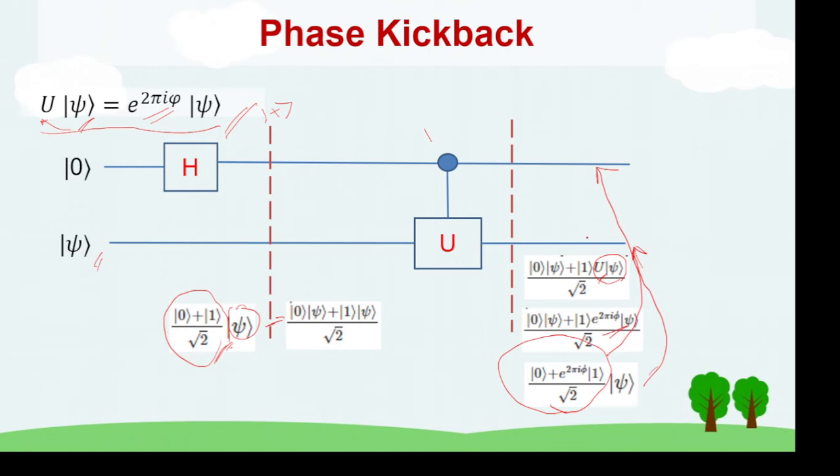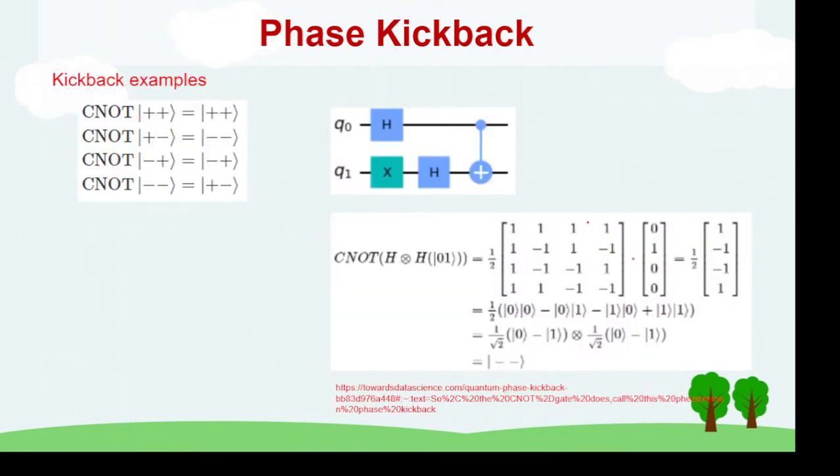I hope it's clear. Now let us see some more examples and how it is used in other algorithms. There are some interesting steps. Whenever we apply a CNOT gate to plus, nothing happens. But when the target qubit has some phase, it adds a phase to the control qubit.